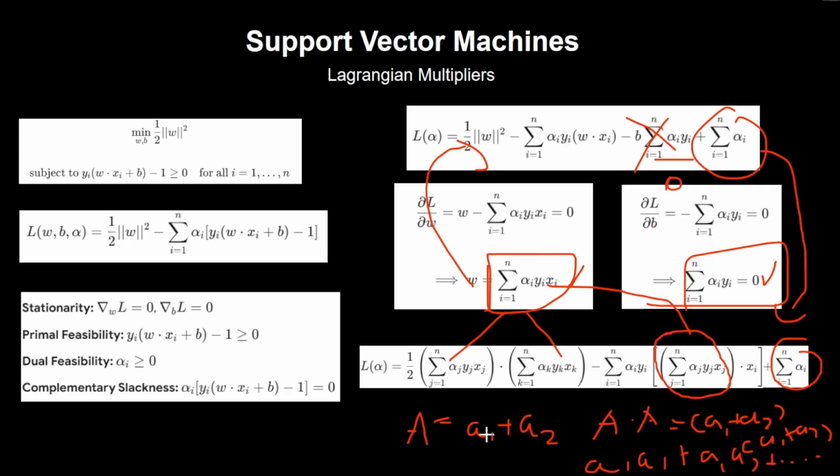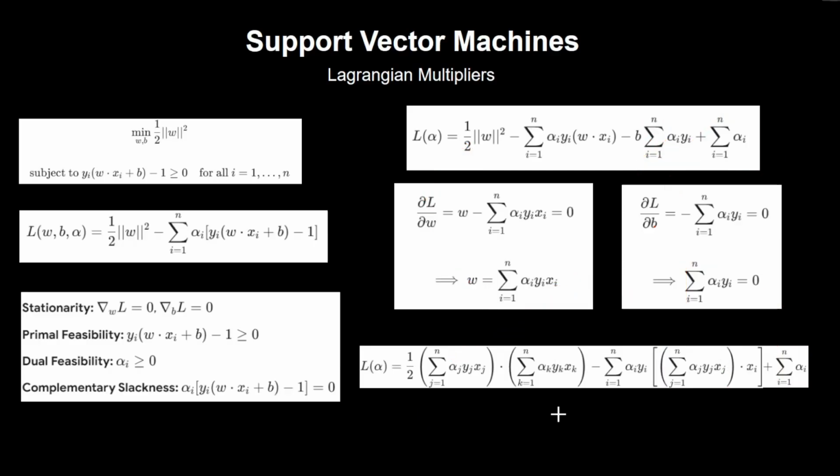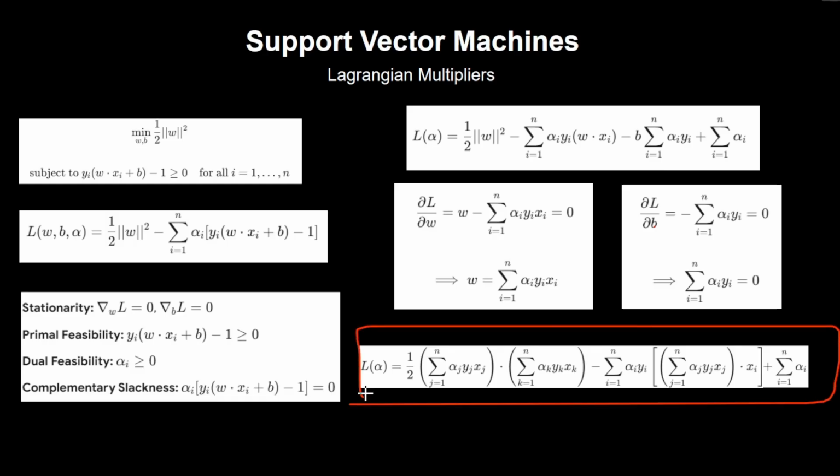But if we don't have the indices 1 and 2, it will be just like a plus a and a. It won't make any sense. So this notation says that this part comes from this vector and this part comes from this vector, so that it makes our interpretation clean. That's why we use different variables here. So now that we did everything, this is our substituted expanded equation. Now let's proceed to solve this.